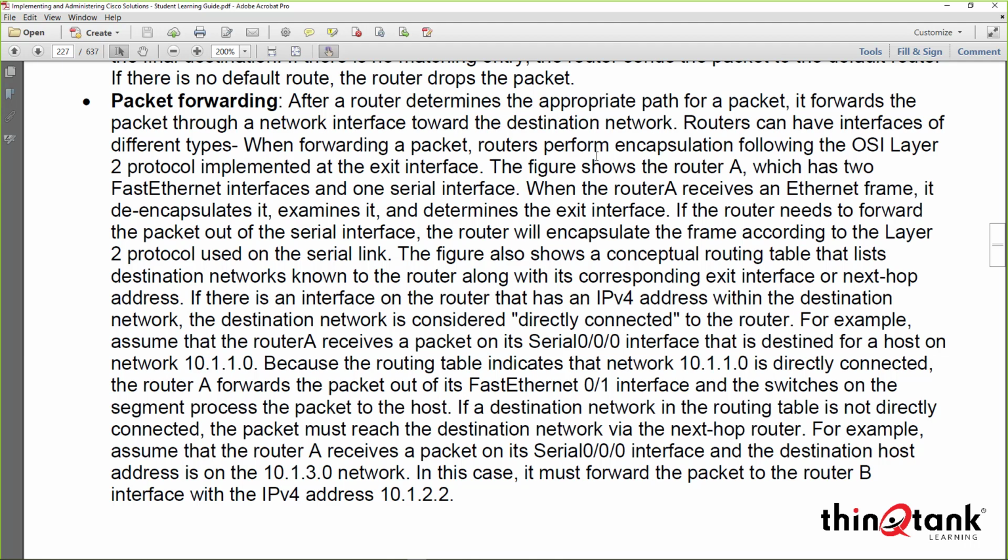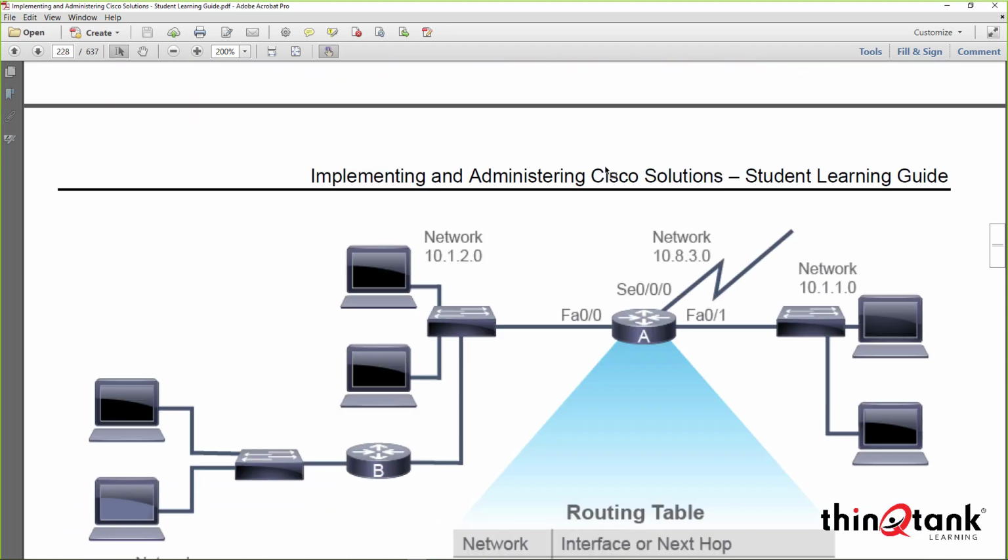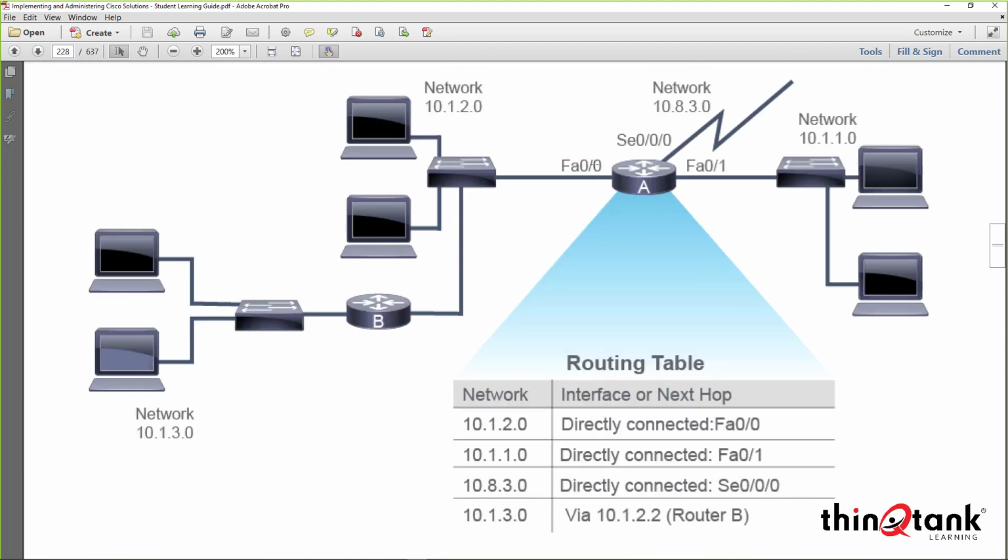And this is what they're describing in this particular case based on this diagram: that packet forwarding process, which is what I described on the previous diagram, where we strip off layer 2 and then we make a routing decision, and then we have to re-add layer 2 back, and then we route the packet to its destination.